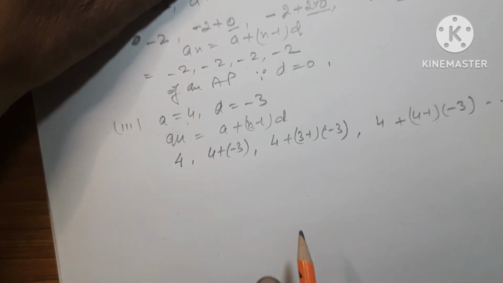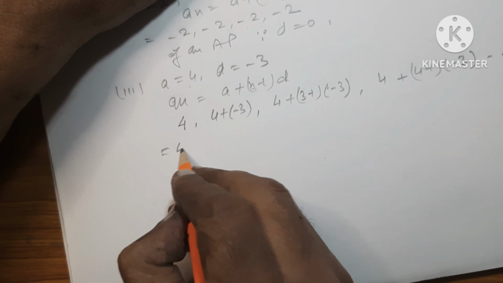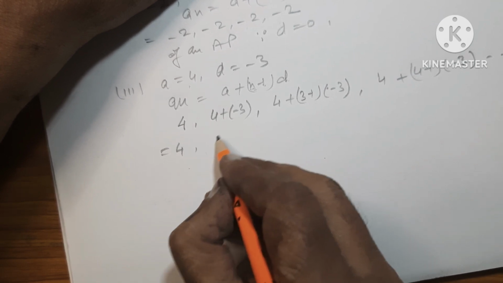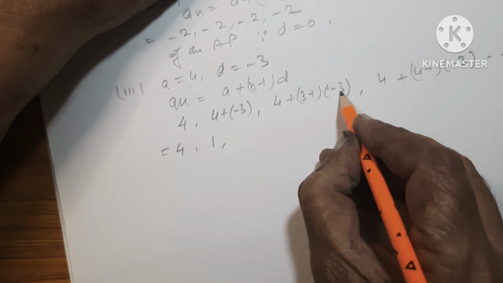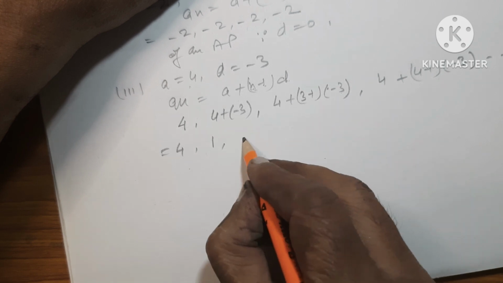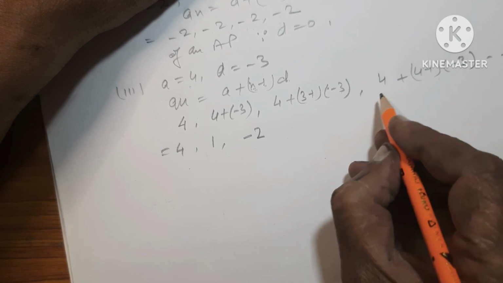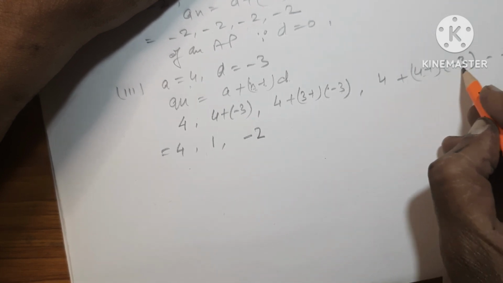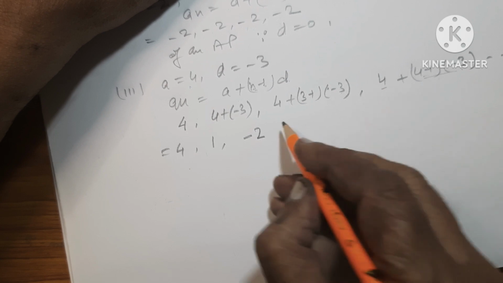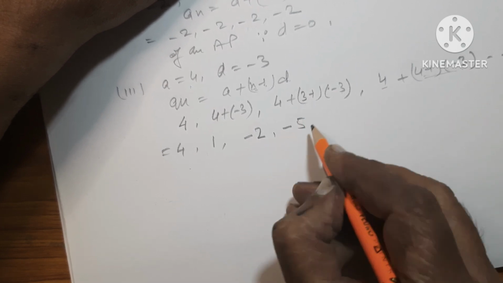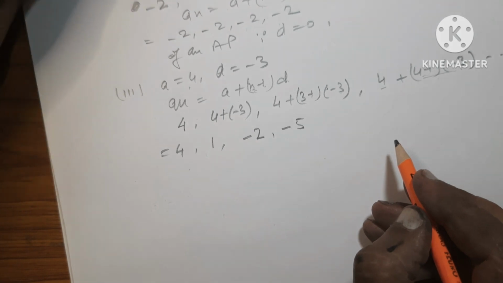So it is equal to 4; this is 1; this is 2 into minus 3, minus 6 plus 4, minus 2. Here it will be 3 into 3, minus 9 plus 4, it is minus 5. So these are the 4 terms.